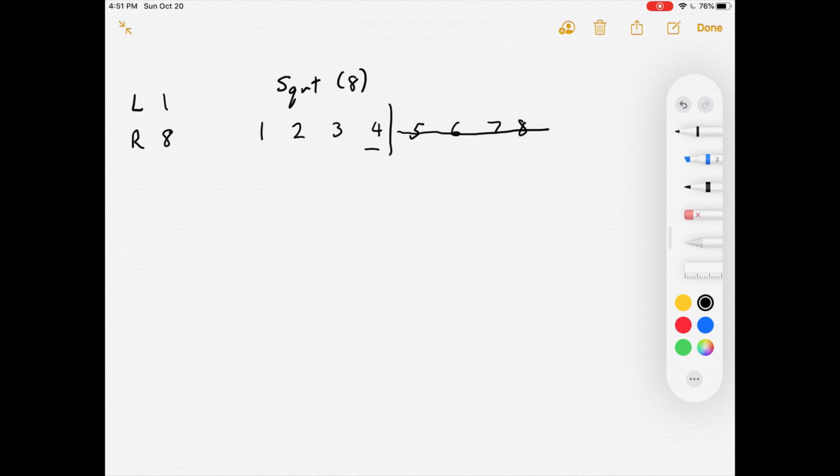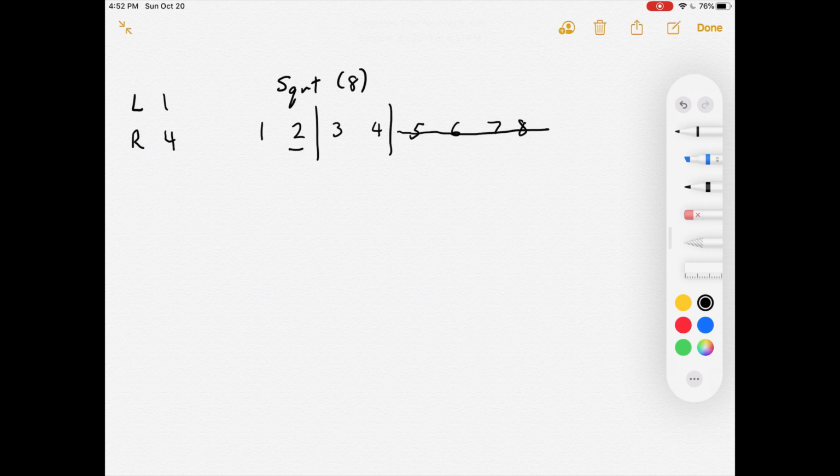But now, since we've eliminated that half of the data set, our rightmost data point is now the number 4. So remember, the next step in a binary search is to divide this data set in half. The midpoint in this data set is the number 2.